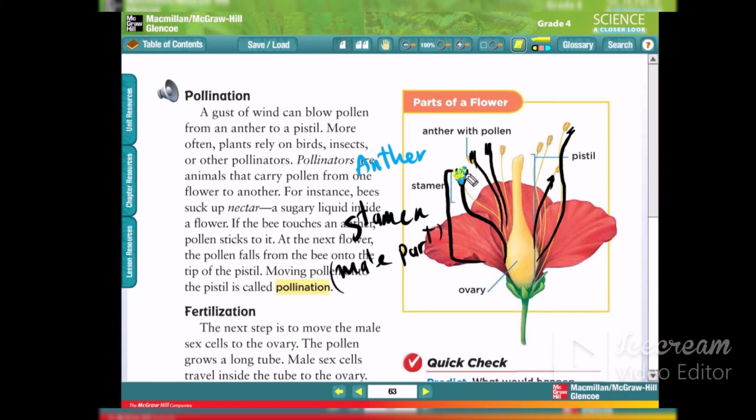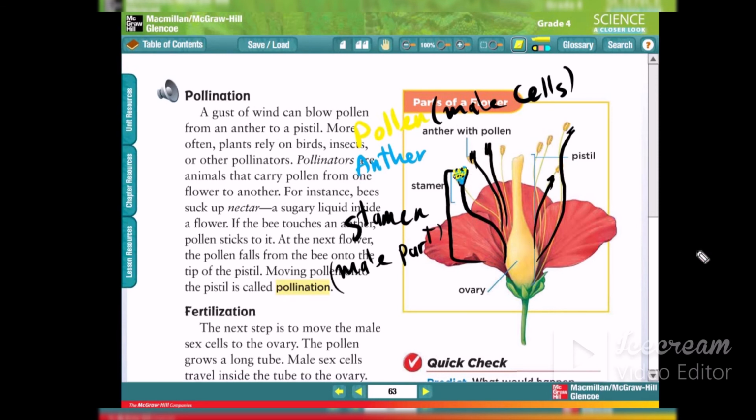This yellow powder, which is the male cells, is called pollen. This yellow powder produced by the anther is called pollen. Pollen is the male cells of the plant, and this powder is produced here.